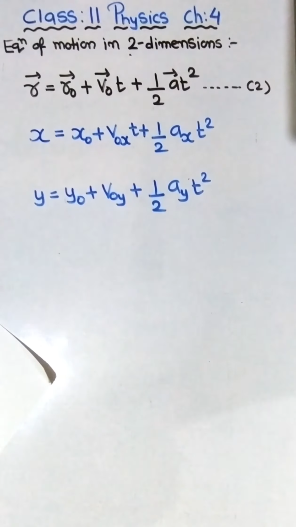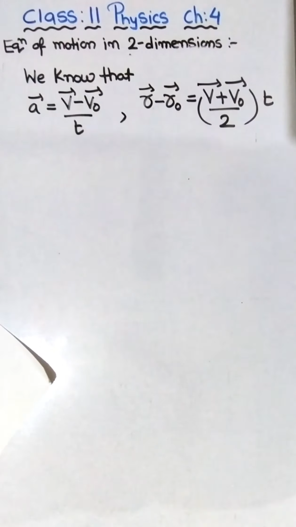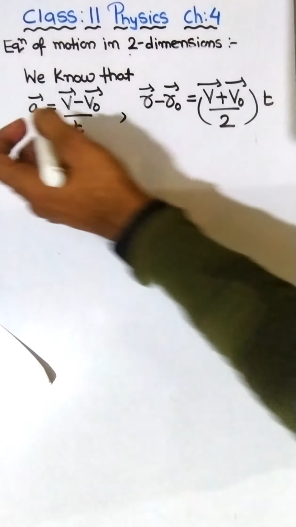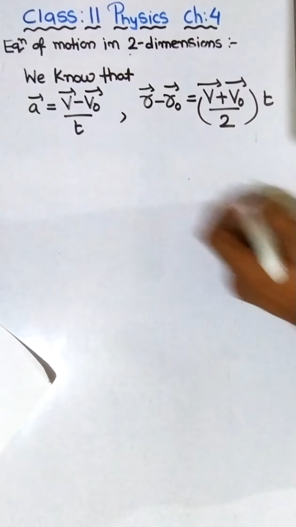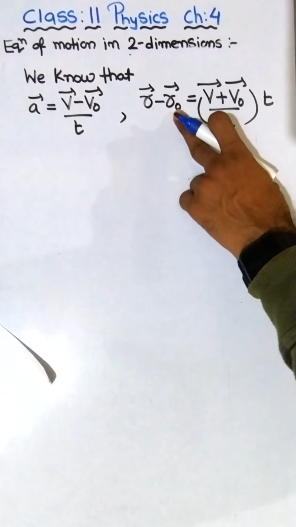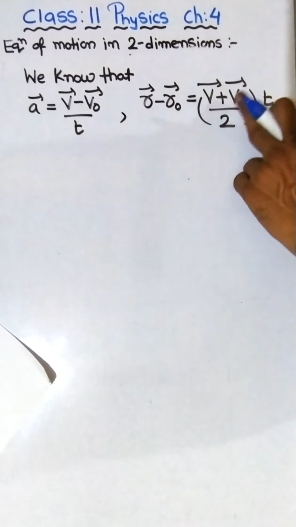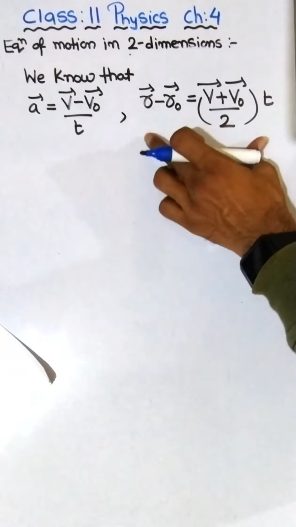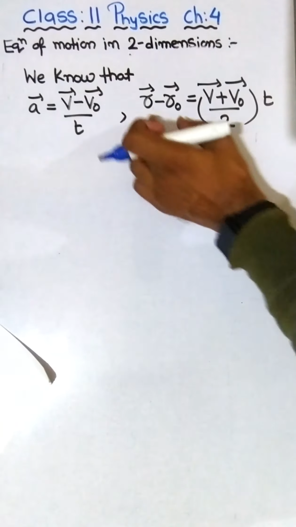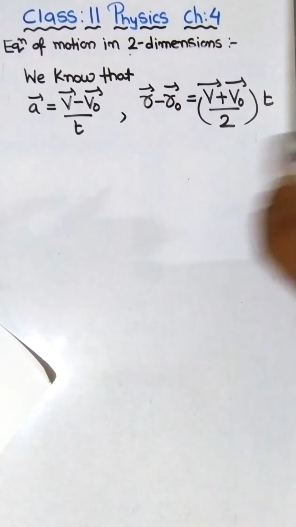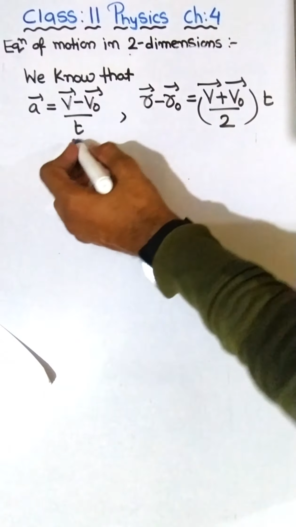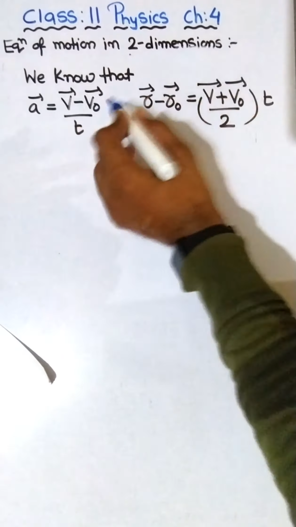Now moving on to the third and the last equation. For equation 3 we will be utilizing the previous few equations that came in these two derivations only. For example, a equals (v minus v0) by t, and (r minus r0) by t equals (v plus v0) upon 2. That was for average velocity. So t I have taken on this side. Now we will have to multiply these two equations.